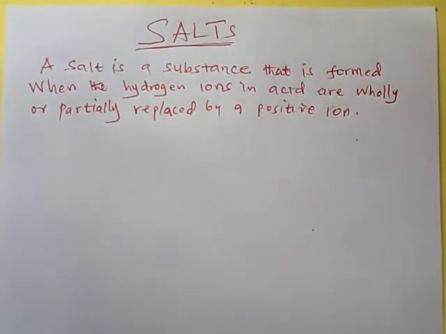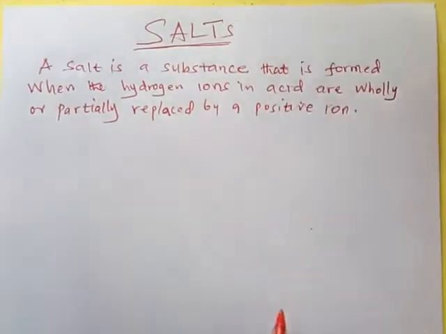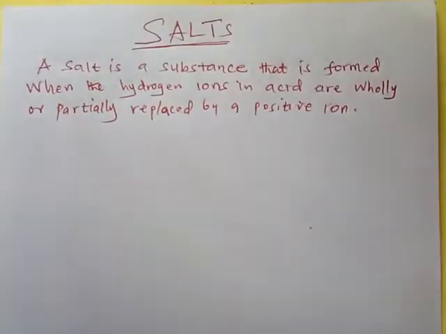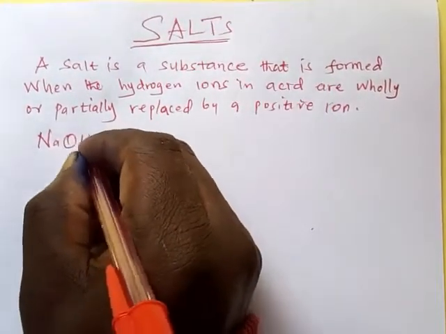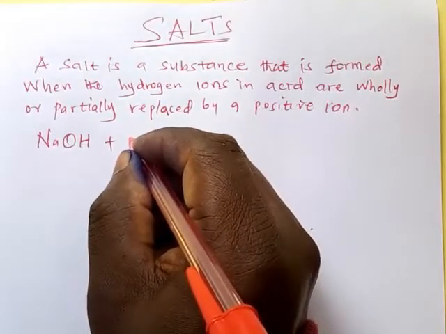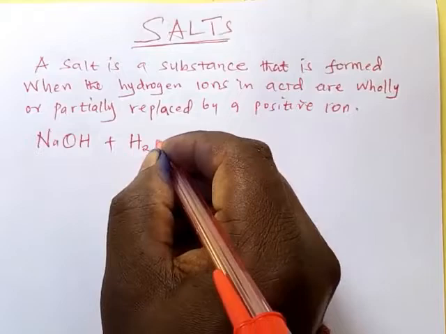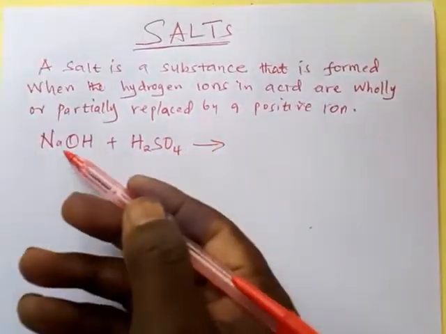Somebody could be wondering, what does this mean? Let me give you an example of what a salt is. Take a reaction between a base and an acid. For example, sodium hydroxide plus sulfuric acid. This is a base plus an acid.